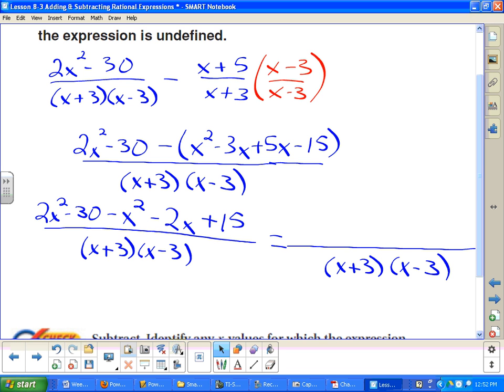And we'll simplify again. 2x squared minus x squared is just x squared. Then I have a negative 2x. And negative 30 plus 15 is negative 15.